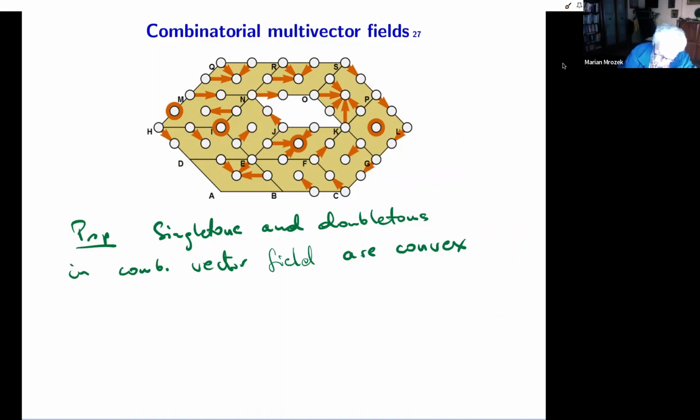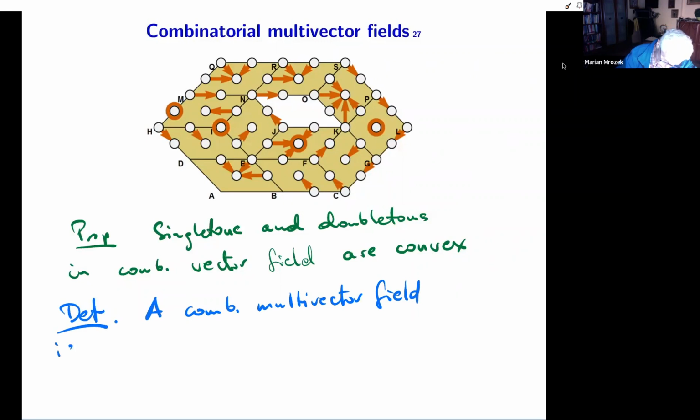So our definition of a combinatorial multivector field is a partition of K into locally closed sets.